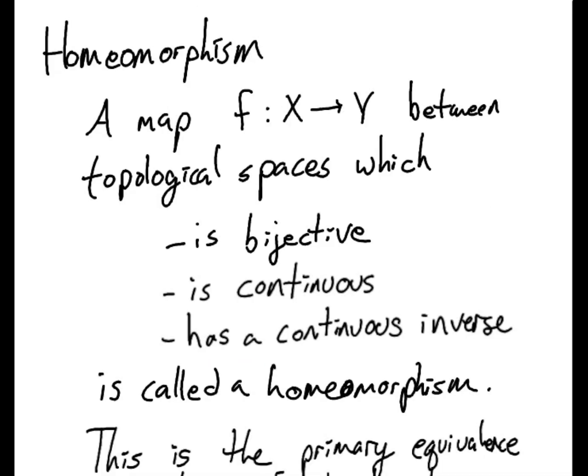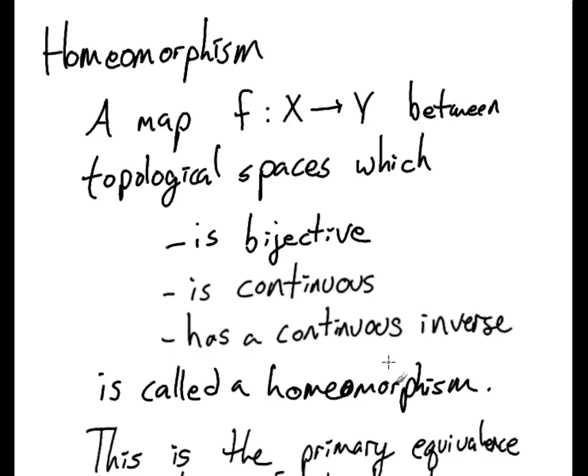So what is a homeomorphism? What are these maps that preserve our topological properties? This is what we need. We need a map from two topological spaces, and we need it to be bijective. We need every one point here to map to one point here, and vice versa. We need that map to be continuous, which we'll define in a moment, and we need the inverse of that map to also be continuous.